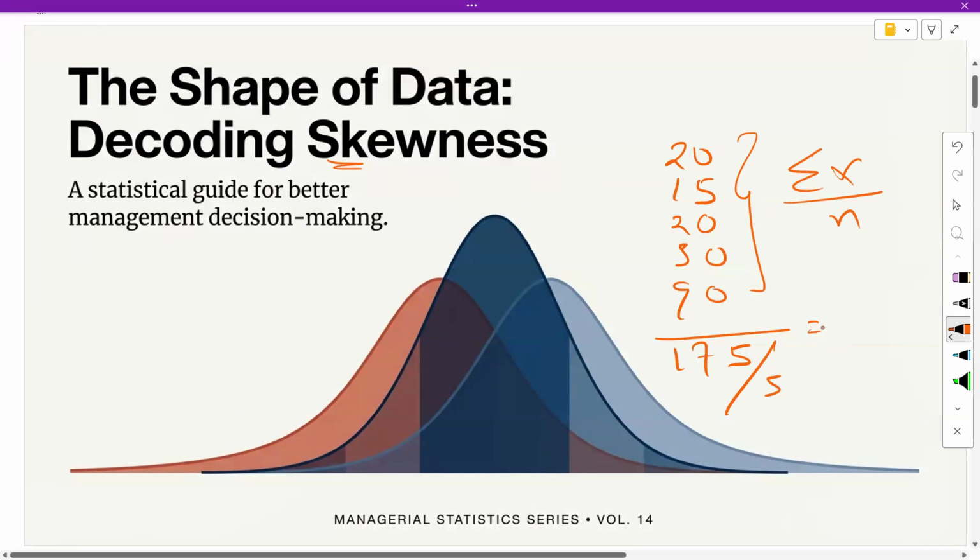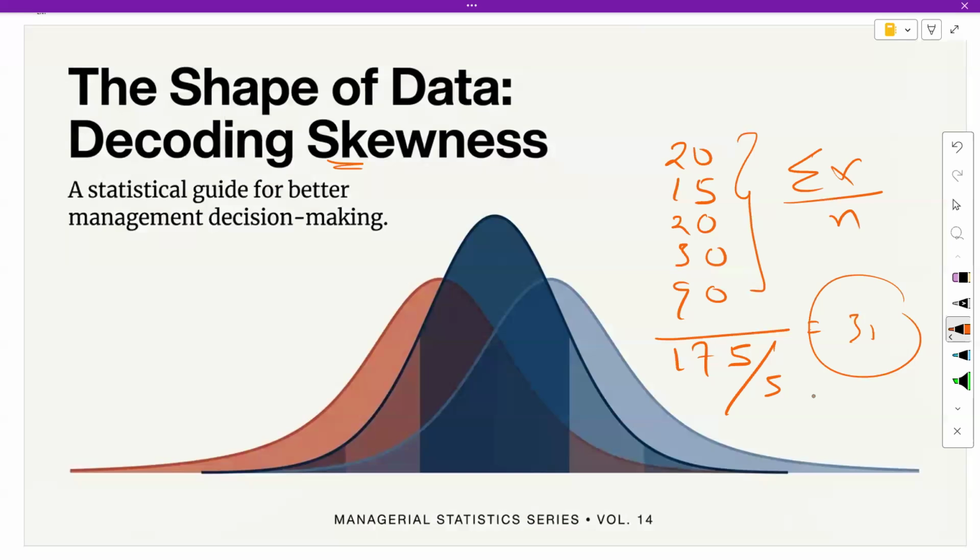Then what's the average? 35. Right? Now, if we say the average marks of the students is 35, is it true?